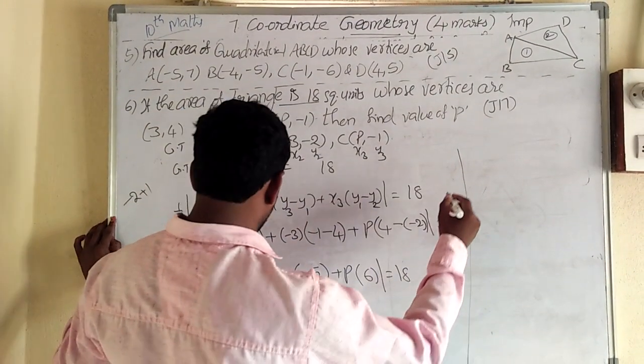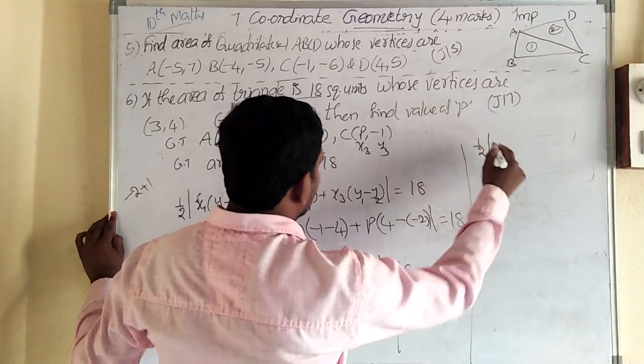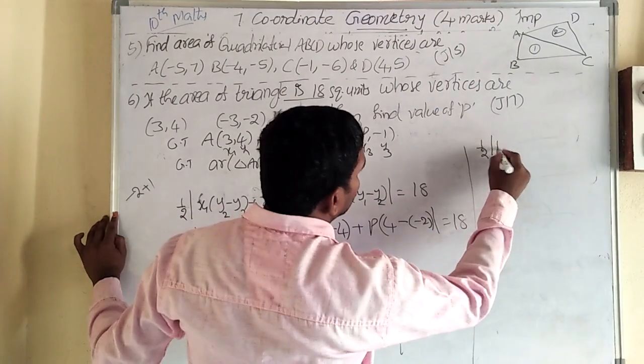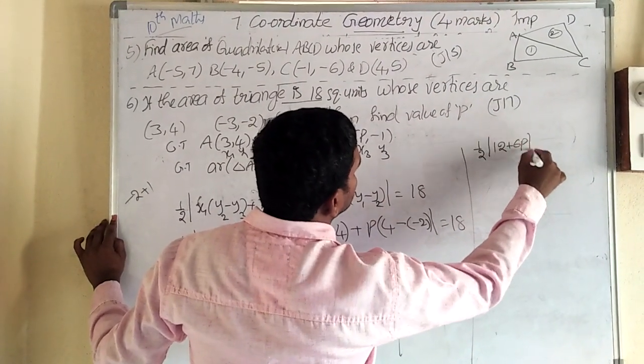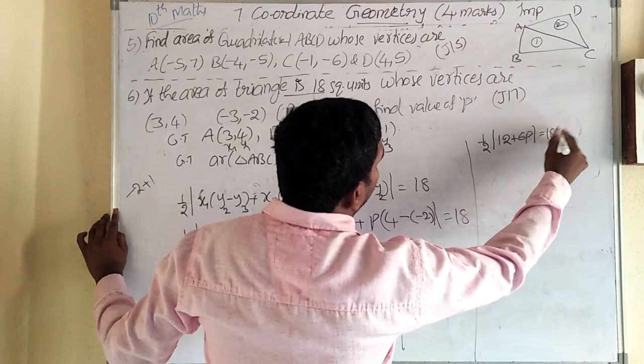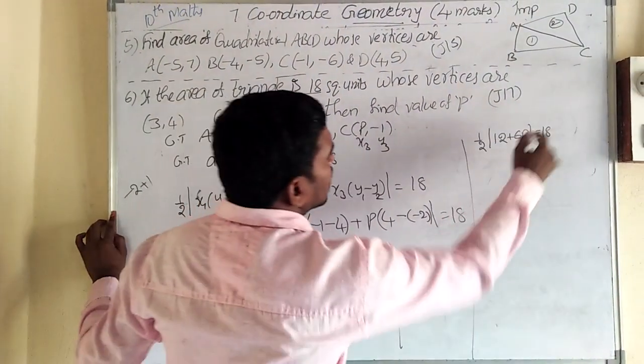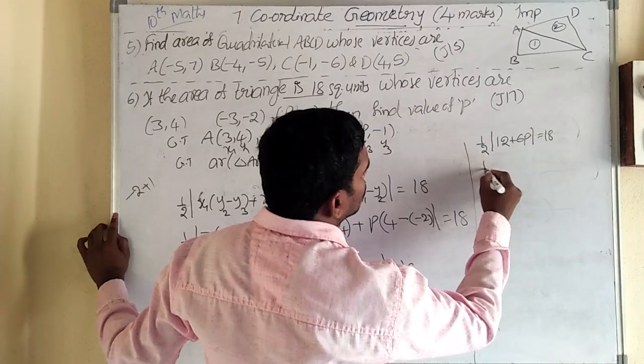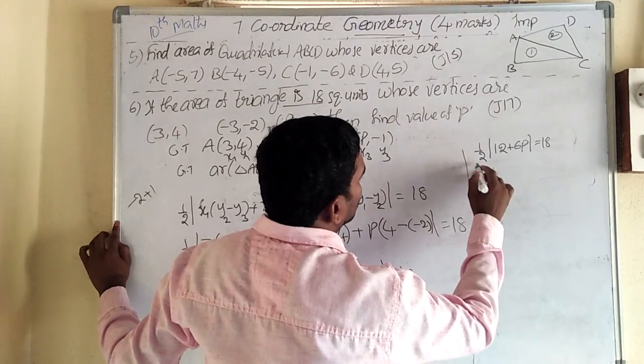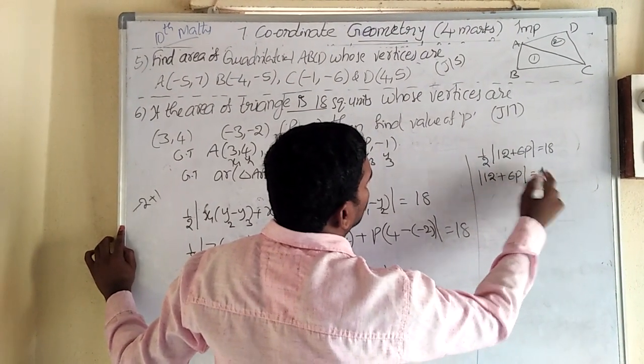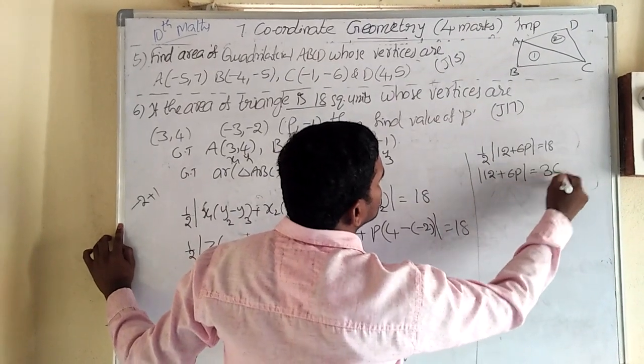So what can we write? 1 by 2 modulus of 12 plus 6p is equal to 18. So 2 send right side. So modulus of 12 plus 6p is equal to 2 into 18, 36.